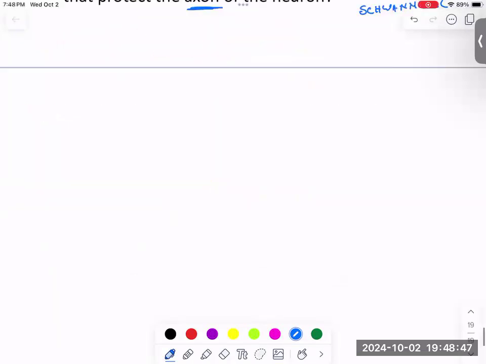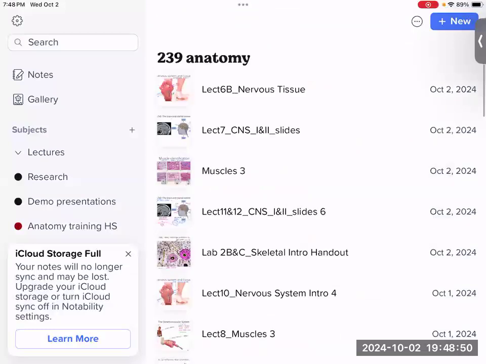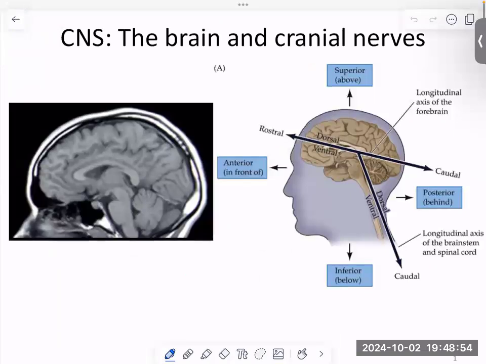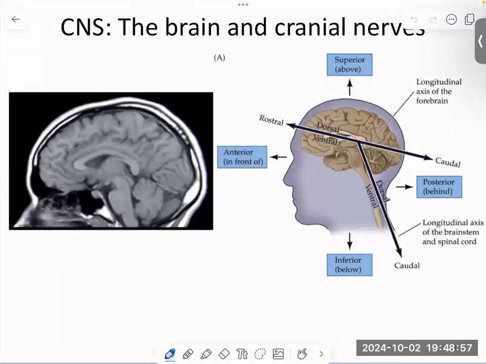We're going to move on to today's series, the central nervous system. We're going to start our first part of lecture with the brain and the cranial nerves. One aspect that might be a little challenging when we're looking at the brain is that, based on development, the brain has slightly different directional anatomical terms.